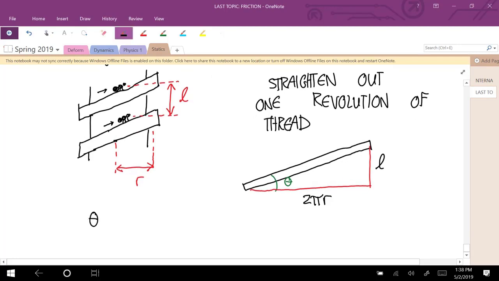And so that angle then is just equal to the inverse tangent of L over 2 pi r. Any questions about that?